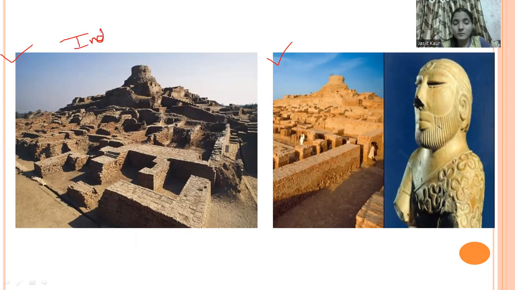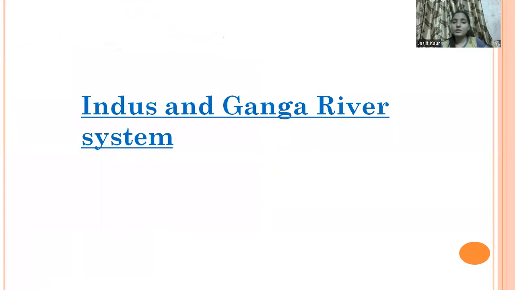Very good, students. Now, the Indus River is located in which direction in India? Yes, it is located in the northern direction. Very good. So now students, in today's class, we'll be talking about the Indus and Ganga river systems, in which we talk about the features of both these rivers.